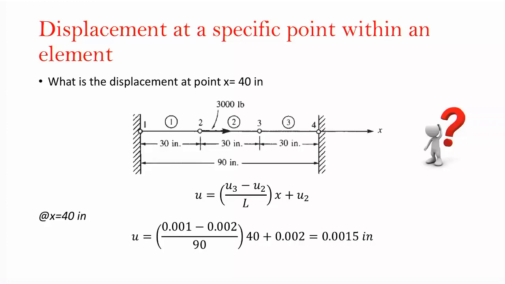Any questions? Yes? The value of 40 in the bottom formula, should that be 30? Because it's the linear value for L. So 40 is the location of the point that we want to calculate displacement, right? 30 is the location of node number 2, right? So in the linear displacement function, x could be from 0 to 900 inch, this is the range for x.